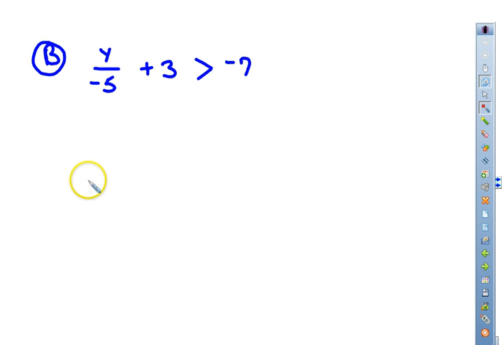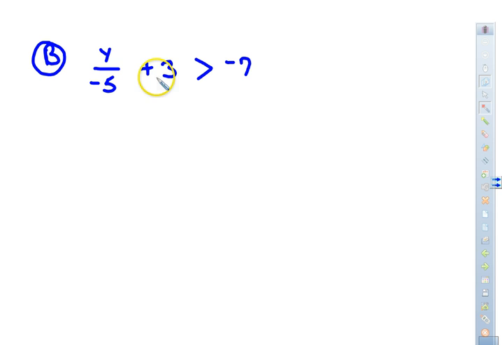And I want you to go ahead and hit pause and solve this from here. This does again mean y divided by negative 5. So go ahead and do that. So since we have y divided by a negative 5, again, the first thing we have to do is start with our number that's by itself. So let's start there.